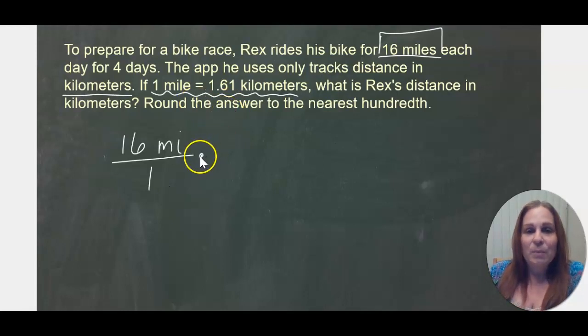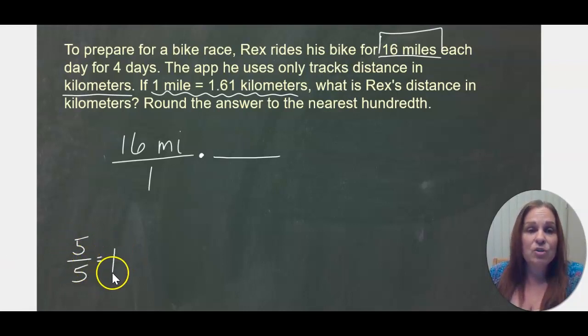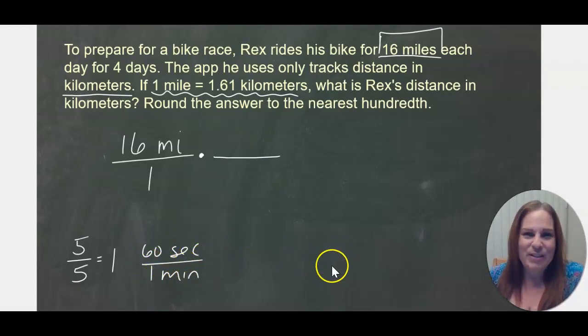Now, we're going to multiply by the conversion rate written as a ratio. Now remember, whenever you have a number over itself, that just equals 1, right? So for example, if I write 60 seconds over 1 minute, they're the same thing, right?